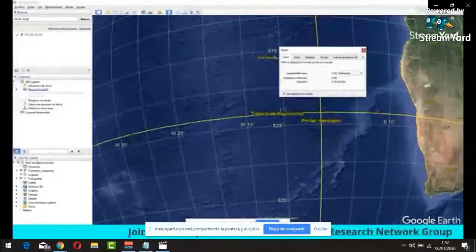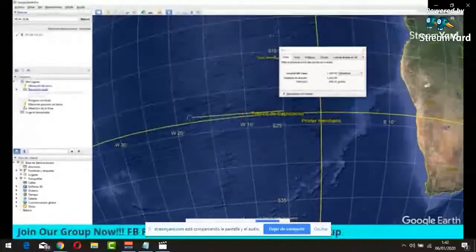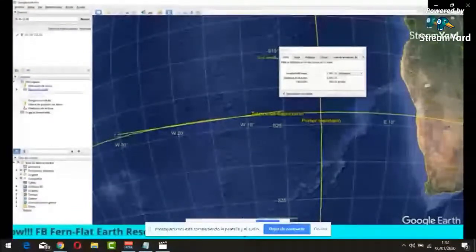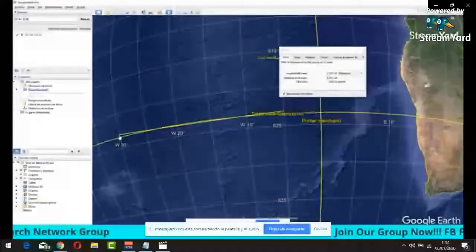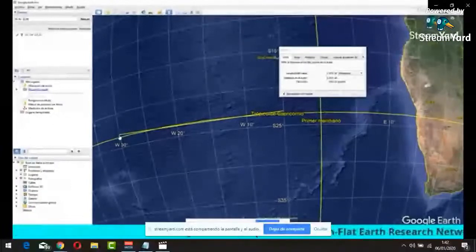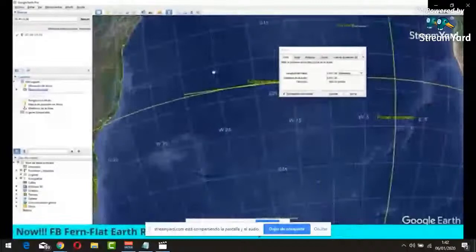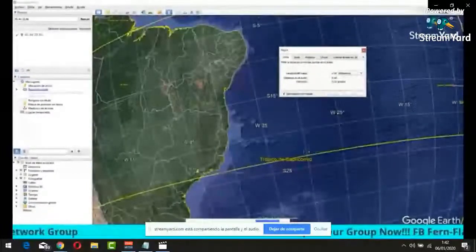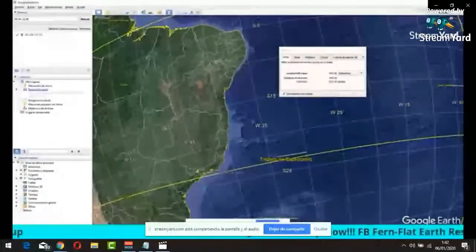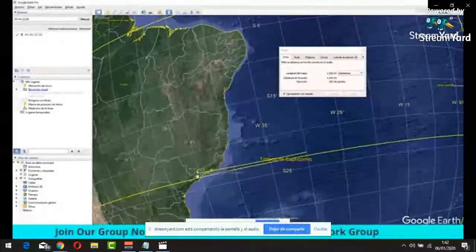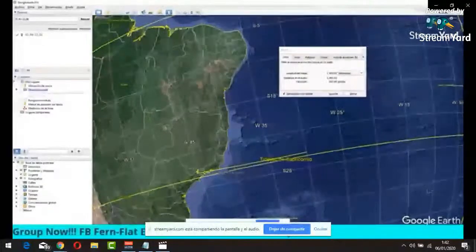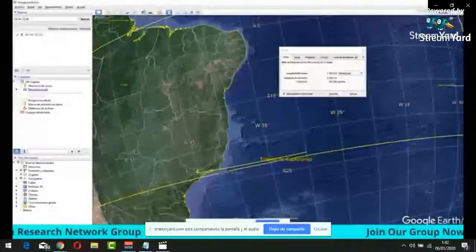Capricorn is supposed to be much higher, and the same with the equator, because the sun moves at a regular speed, 15 degrees per hour, not different in the north or in the south.